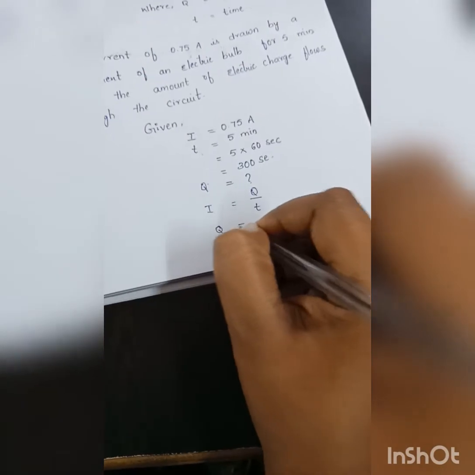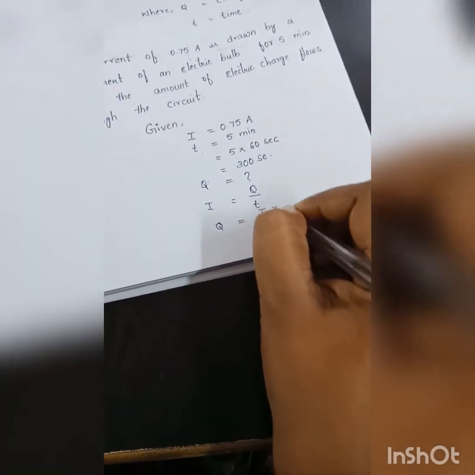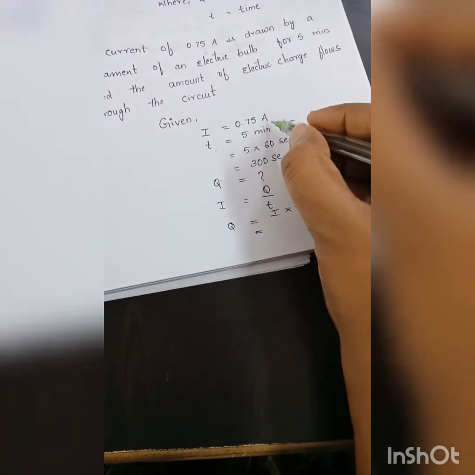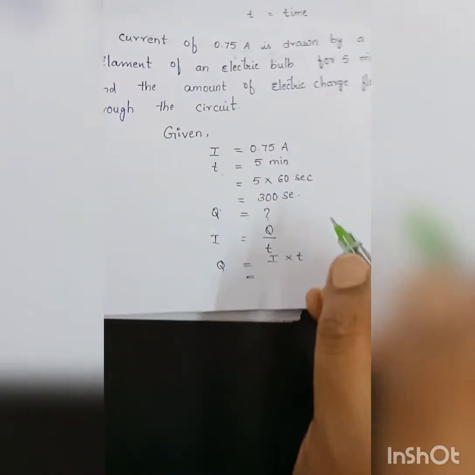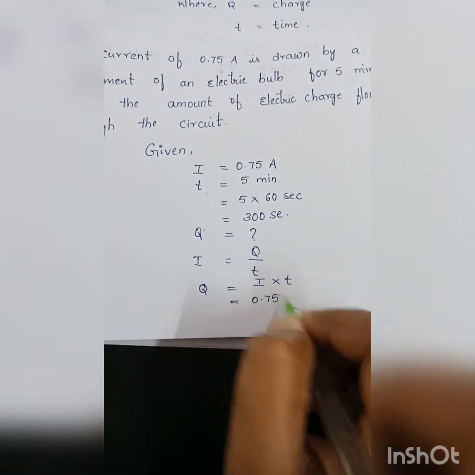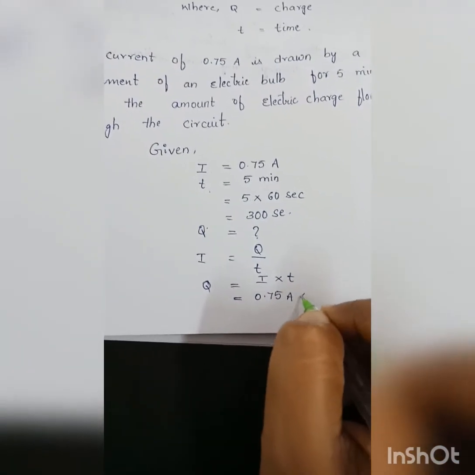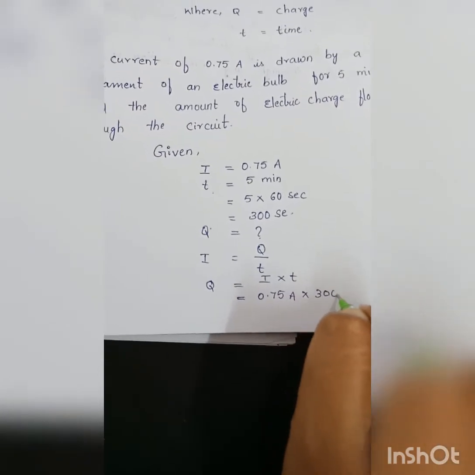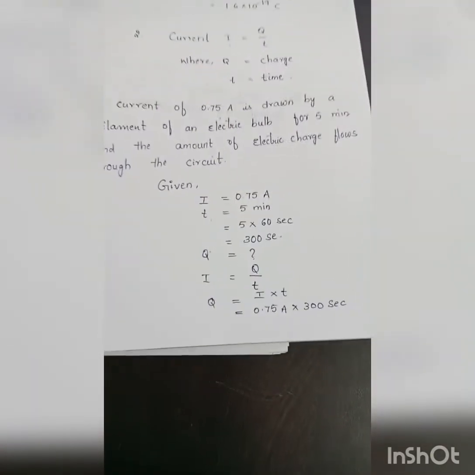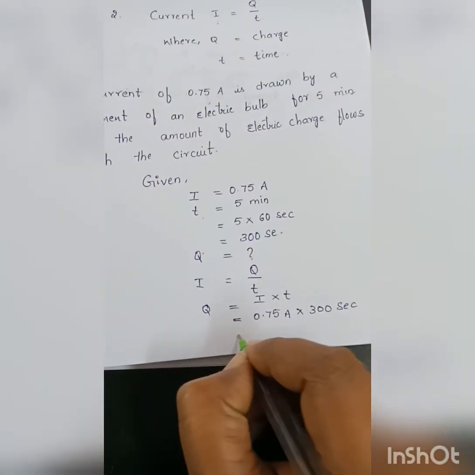Q equal to I into T. Substitute the values given: I equals 0.75 amperes, into time 300 seconds. Multiplying 0.75 and 300 comes to 225.